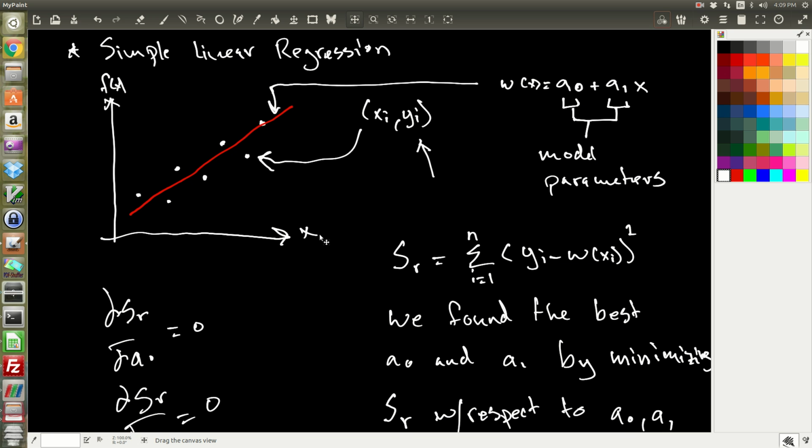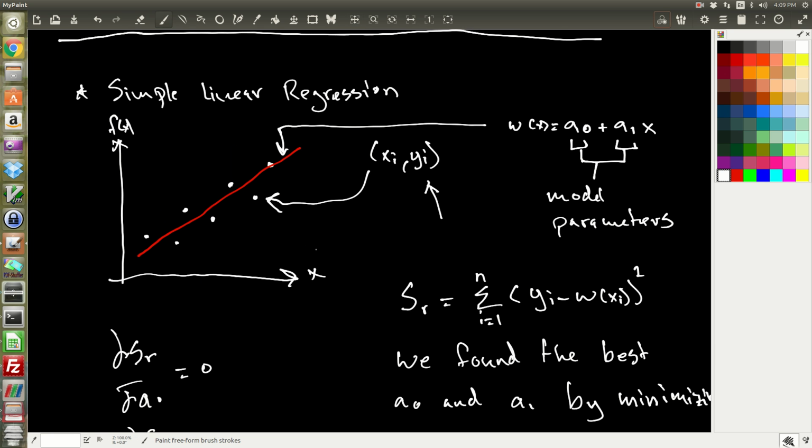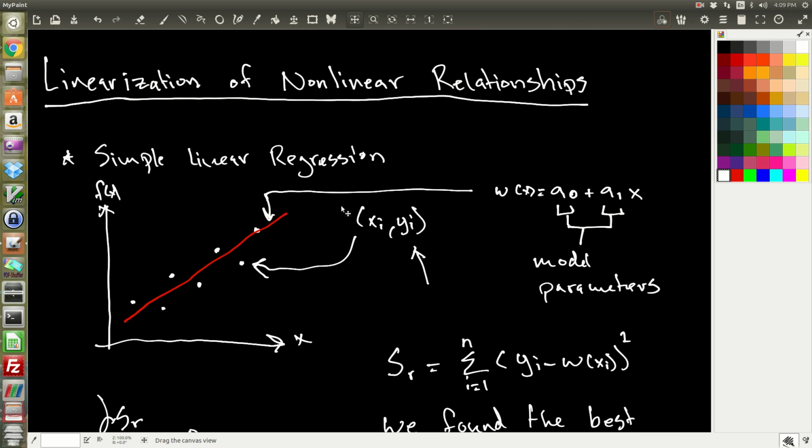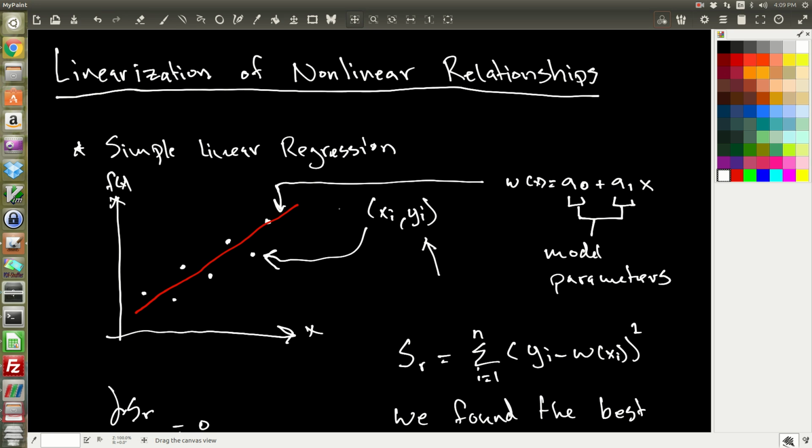That's how we minimized the sum squared error. Now, this video isn't about simple linear regression. I just wanted to give you an overview because we can use simple linear regression with nonlinear relationships so long as those relationships can be linearized.